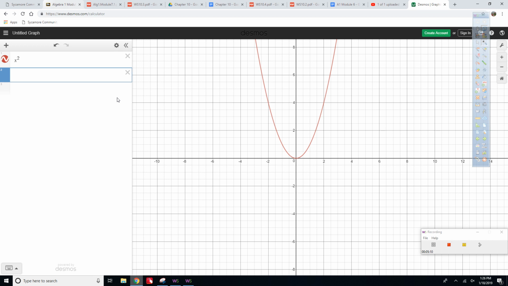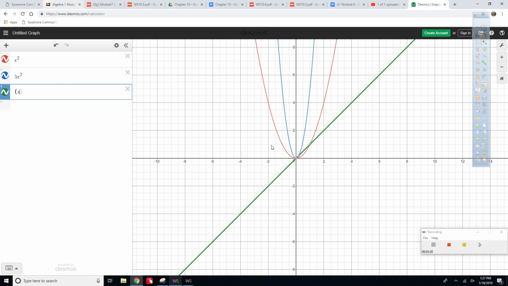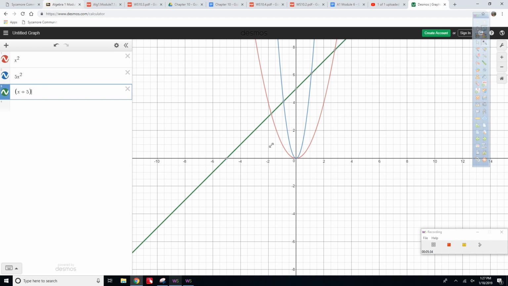Now let's look at 5x squared. What happened to it? It's the blue one. It got narrower because it's growing faster. It's still a parabola, okay? Let's look at this one. What do you think is going to happen to this one?